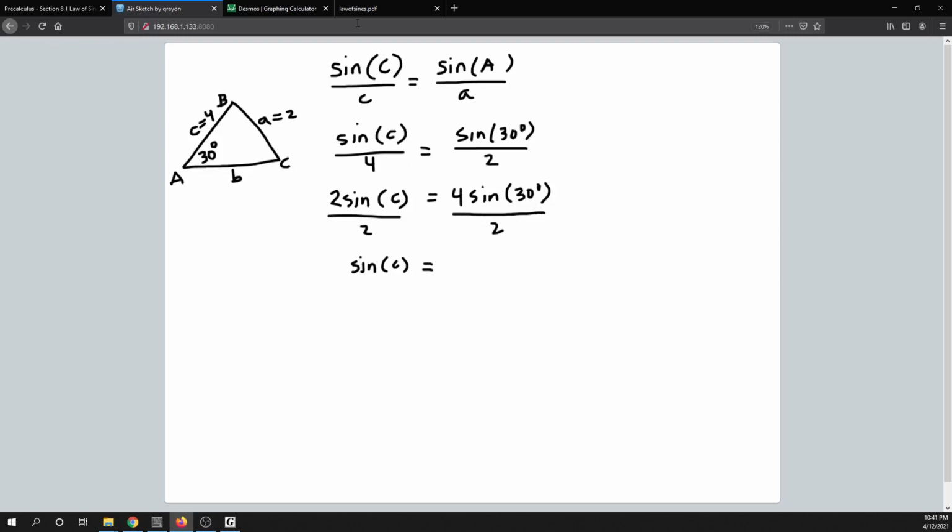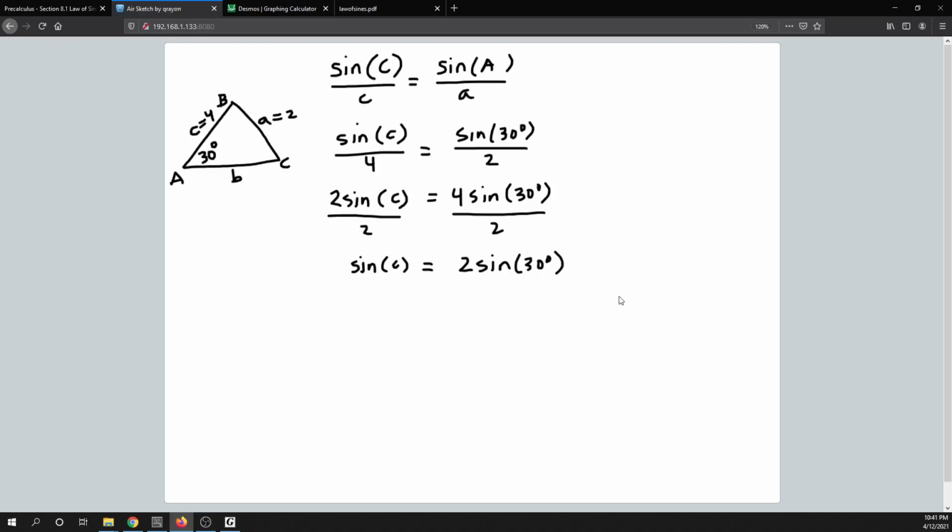Actually, I'll do it the way I would do the other ones. 2 goes into 4 two times, so I get 2 sine 30. Sine of 30 degrees is a half, and a half times 2 is 1. So I get that sine C is 1.